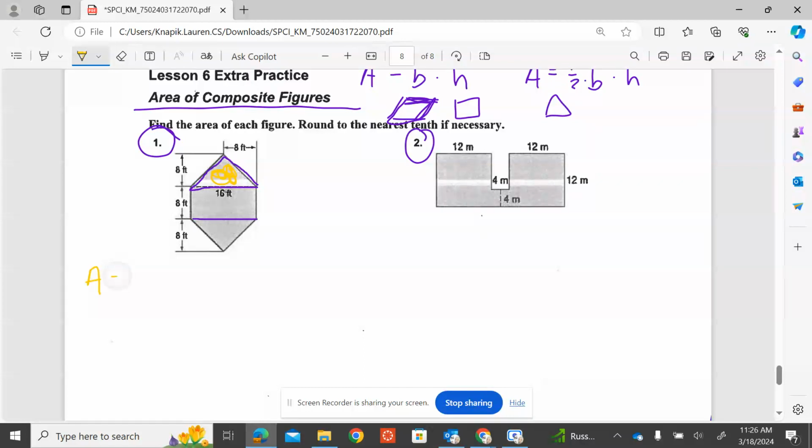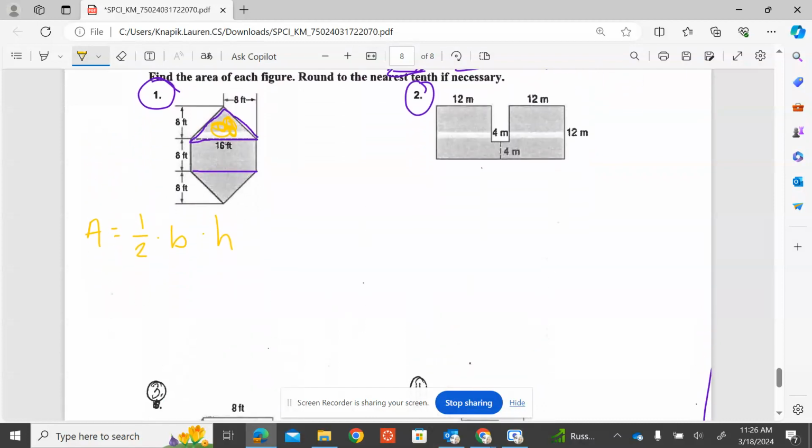So our top triangle, we know that the area of a triangle is 1/2 times your base times your height. And on your paper, I did leave you lots of room to show your work. All right, so we know that our base is 16 for this triangle. We know our height, the vertical from the highest point straight down, is going to be 8.